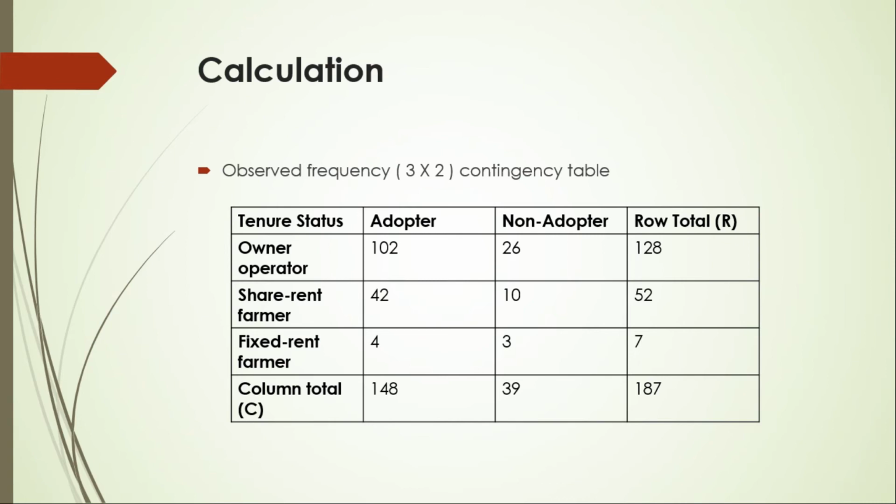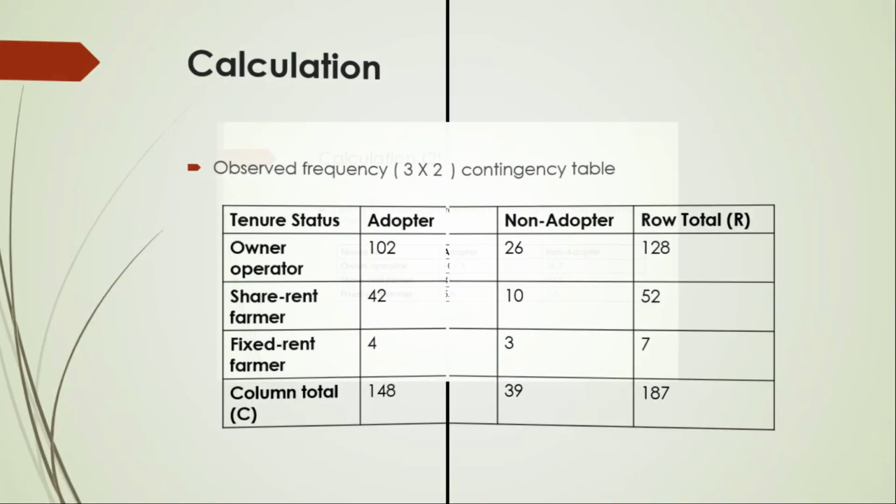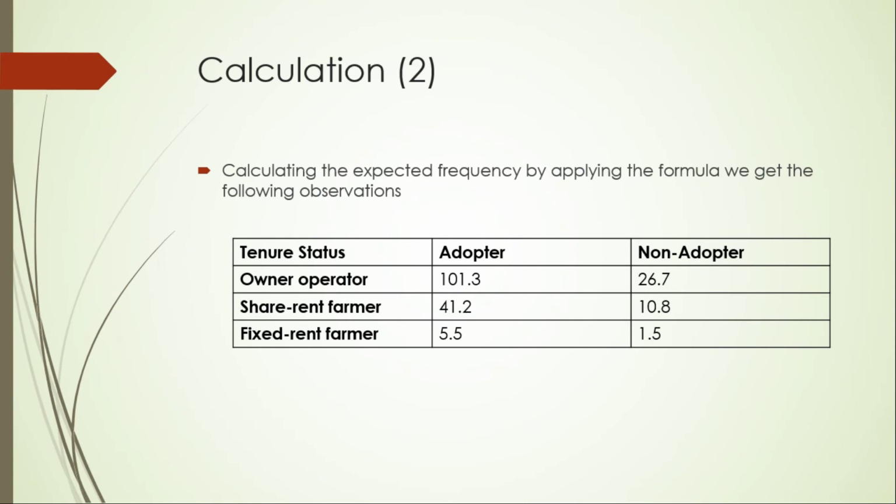Here we have calculated the column totals and the row totals, and 187 is the grand total. By calculating the expected frequencies we get this table of Eij.